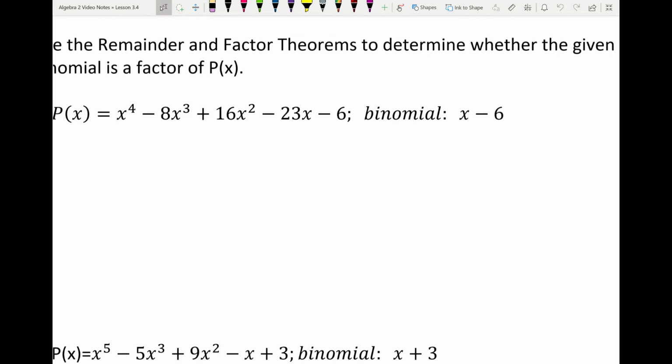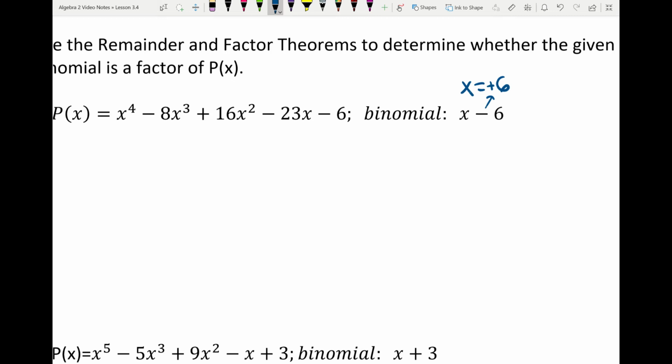With the remainder theorem, you could divide the two things, and if you get a remainder of 0, that means it is a factor. With the factor theorem, you could plug in x is equal to positive 6, the opposite sign of this, into the polynomial, and if you get 0, that means that you have a remainder of 0, which means that it is a factor.